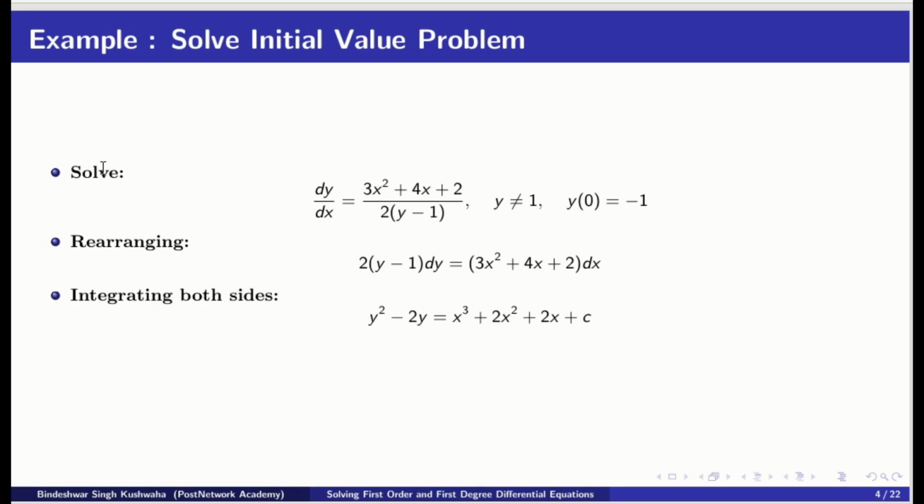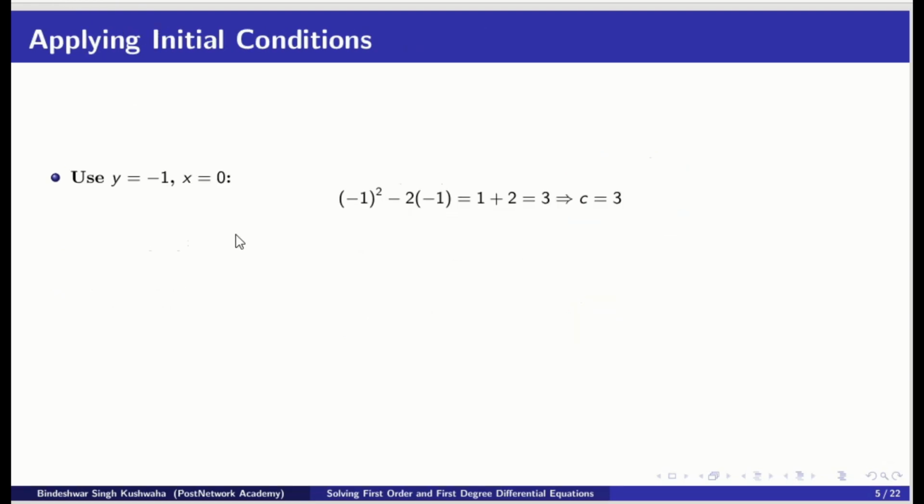Thereafter, if we integrate both sides, we will get this on the left side and right side, and one more constant, and the value of the constant we will get after applying the boundary condition. So when we apply it here, finally we will get the value of c as 3.